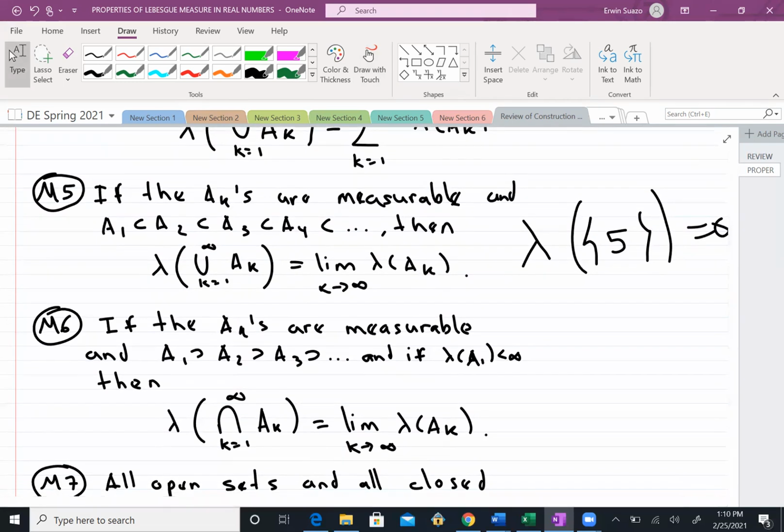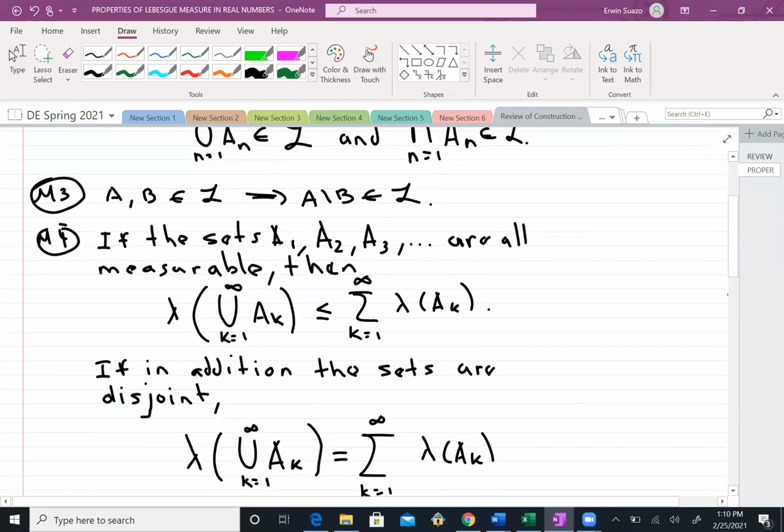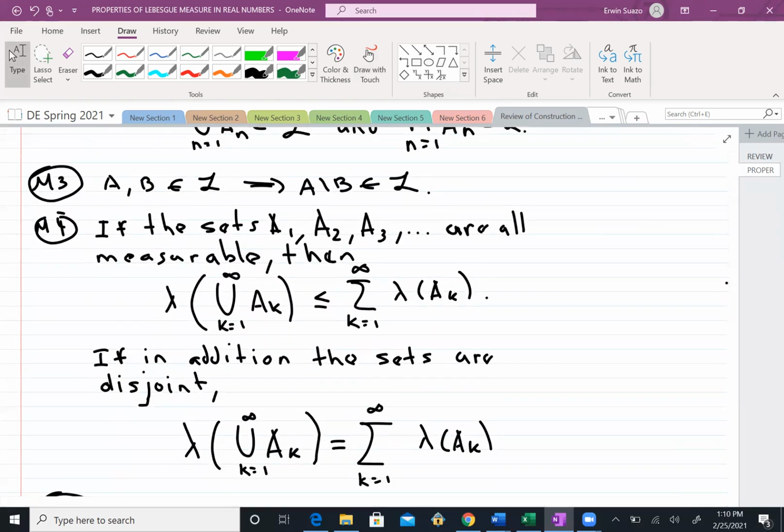How would you prove that the Lebesgue measure of 0 to infinity is infinity? So you'll have to use 5 or 6. I'm not going to tell you because maybe I will ask something like that in the exam. So those are very useful.